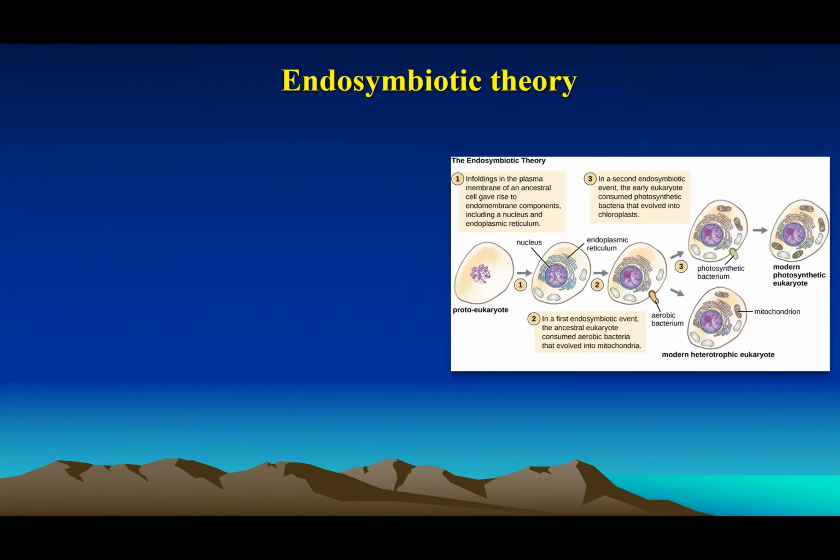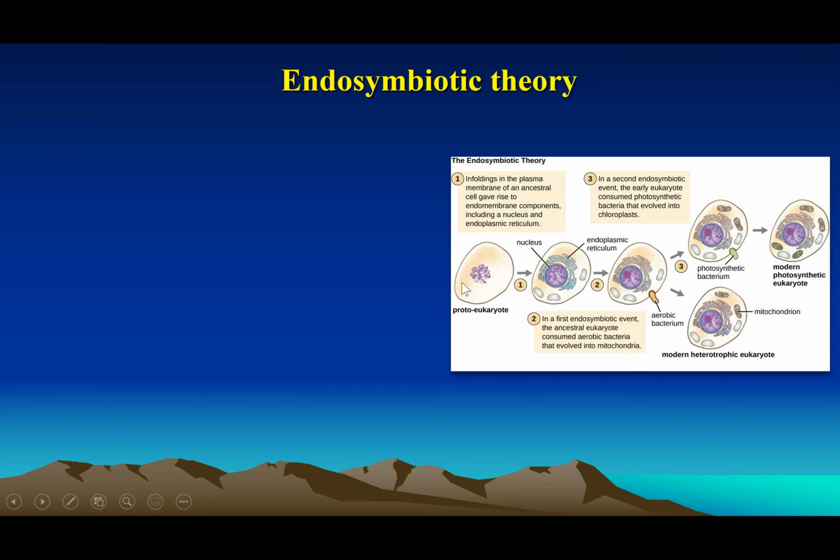The next thing we have to understand is the endosymbiotic theory. What this theory says is, if you take a eukaryotic cell, the mitochondria and the chloroplast used to be prokaryotic cells. They were somehow invaginated and brought inside the eukaryotic cell, and they established a symbiotic association with the eukaryotic host.